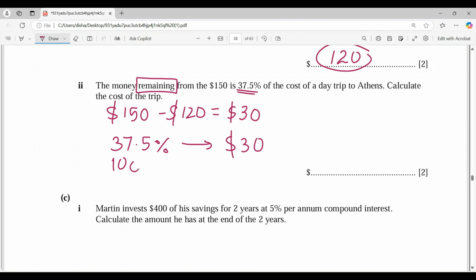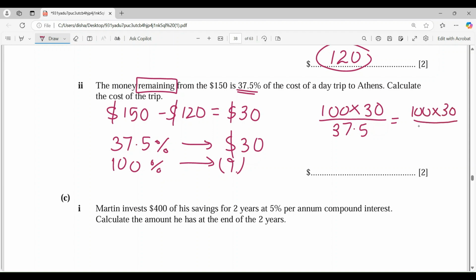So 100% would be how much? That would be 100 into 30 upon 37.5, which is 100 into 30 upon 375, and this point will be removed and 0 will be applied here. So that comes out to be 80. So $80 is the total cost of a day trip to Athens.